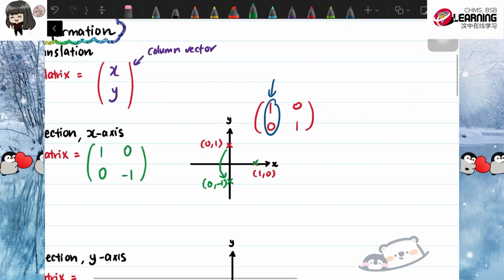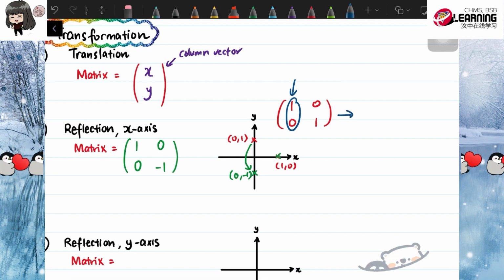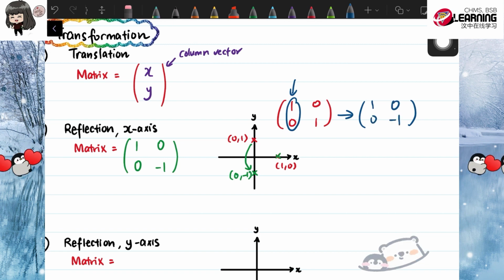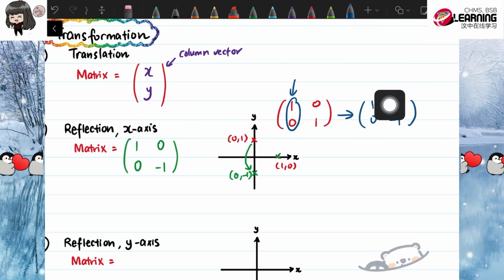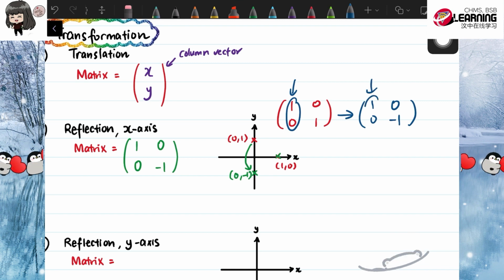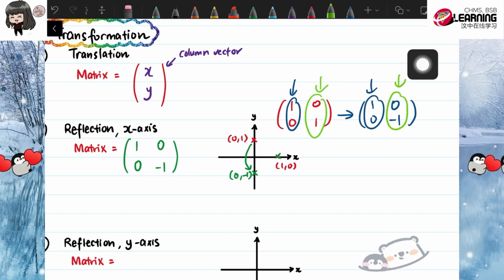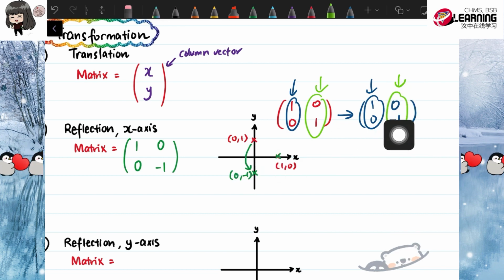Meaning to say that your standard matrix will transform from 1, 0, 0, 1 to 1, 0, 0, negative 1 under reflection x-axis. So this coordinate will still be this, and this one will go to 0, negative 1, like how you reflect.